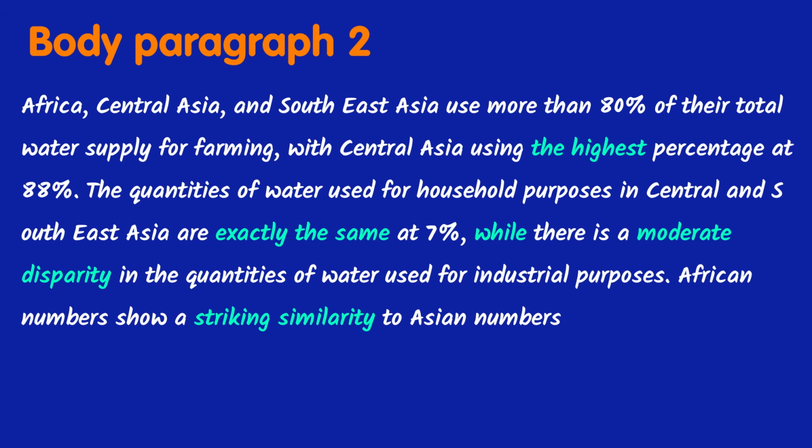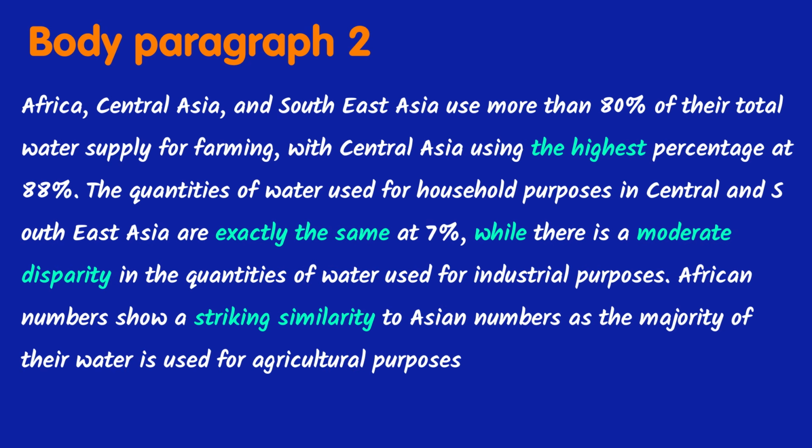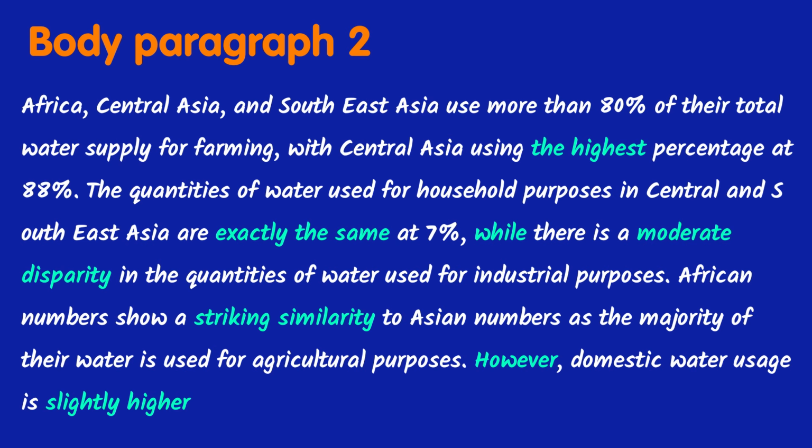You can see Africa and Asia, right? As the majority of their water is used for agricultural purposes. So this is, again, what is a striking feature here. However, domestic water usage is slightly higher. Domestic water usage is slightly higher by 2% than that of their Asian counterparts.